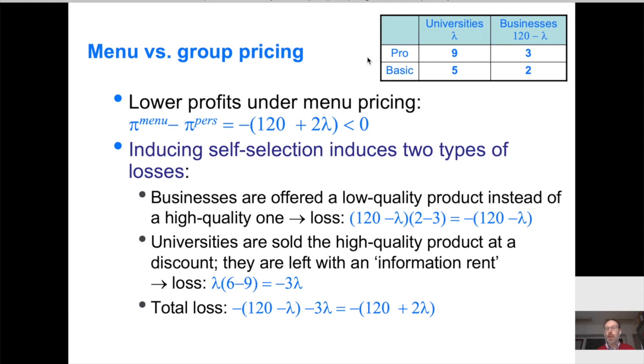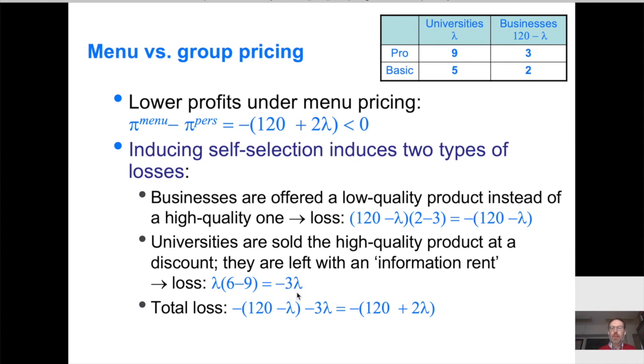And otherwise, they would get zero utility if they were not buying this pro version. So in a sense, you've introduced here a form of competition for universities, because now they can choose between two products. And so on the group pricing, they would pay 9 for the pro version, but now they only pay 6. And so you lose 3 for each of the lambda universities.